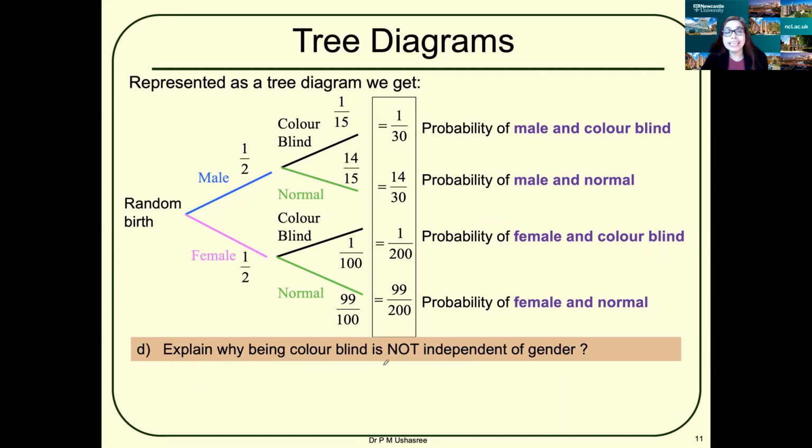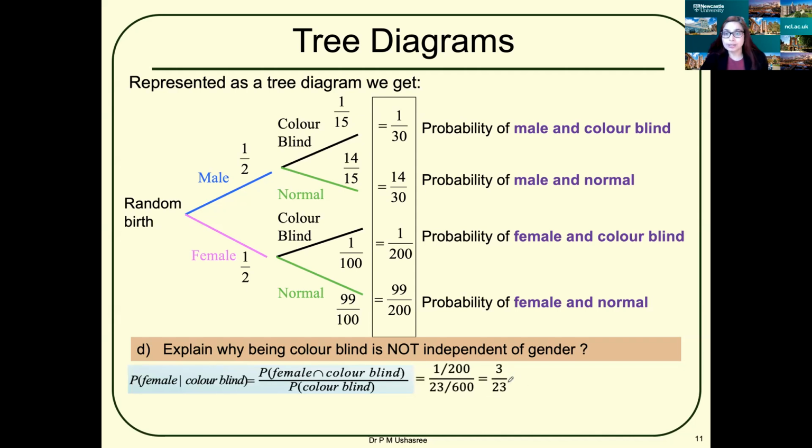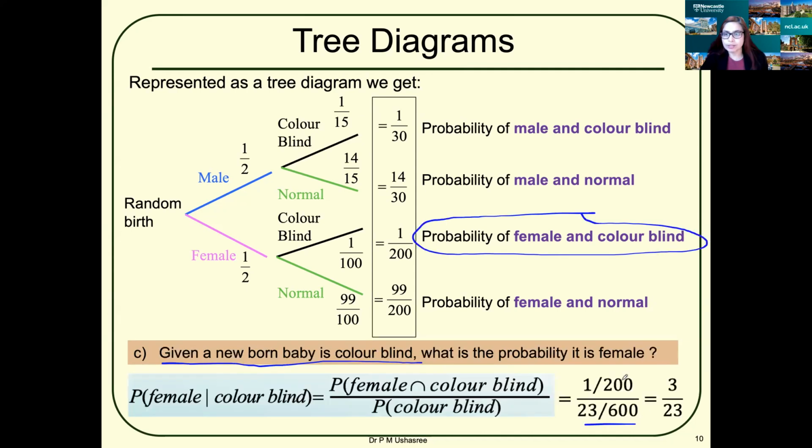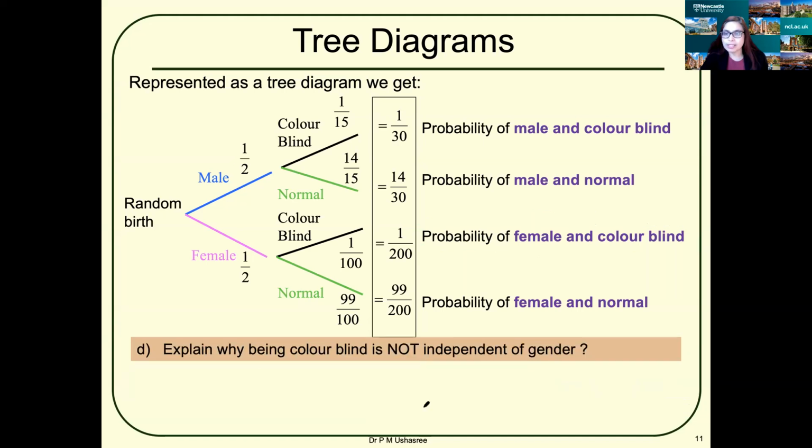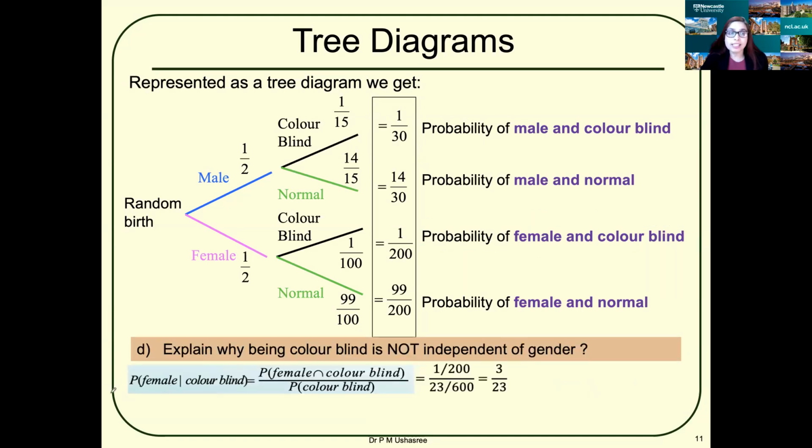Explain why being colorblind is not independent of gender. So you have to show the rule, which we learned last week. You calculate this, and you have already calculated that in the previous question. You got 3 over 23, and then check whether this is equal to the probability of female.